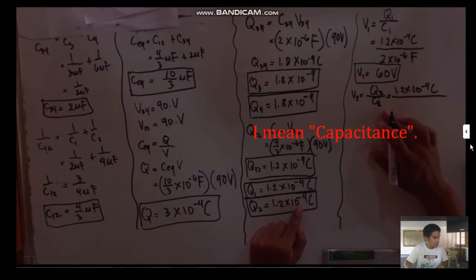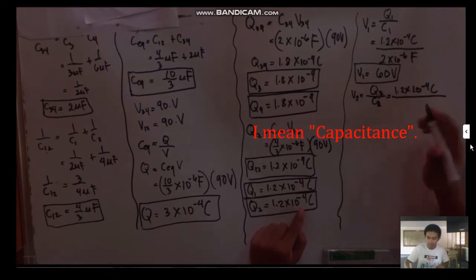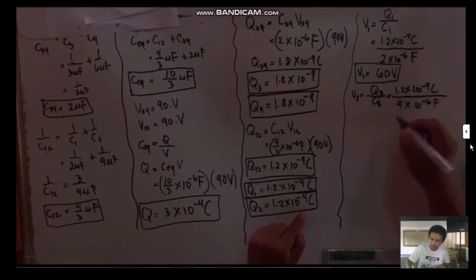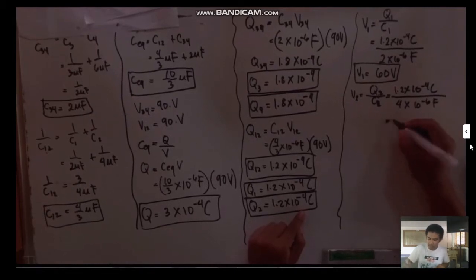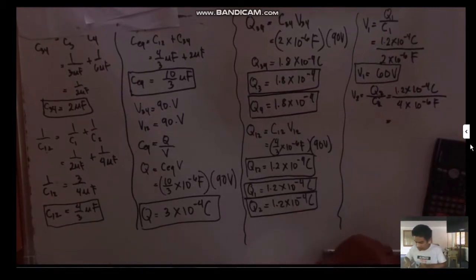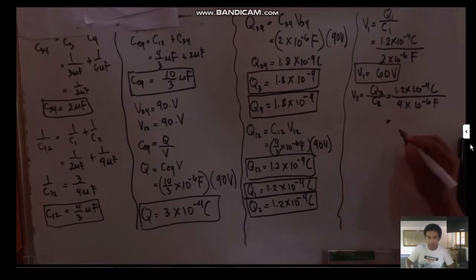What is the capacitance of 2? That is 4 microfarad, so that's 4 times 10 to negative 6 farad. Then V2 is 30 volts.